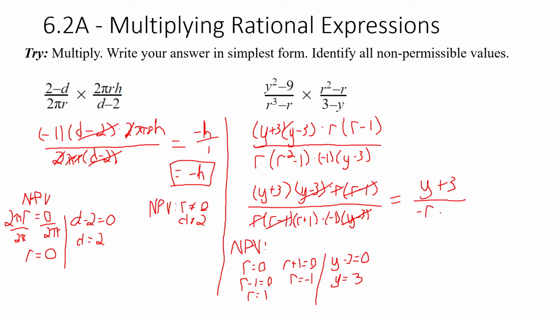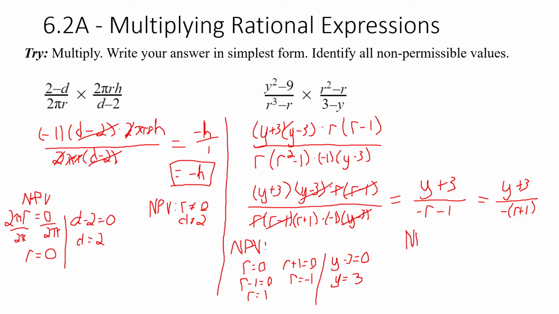And just to simplify it further, so negative r minus 1 in the bottom. You can leave it as the r. Another way of writing it that would be acceptable is y plus 3 over the negative of r plus 1. Both are good.